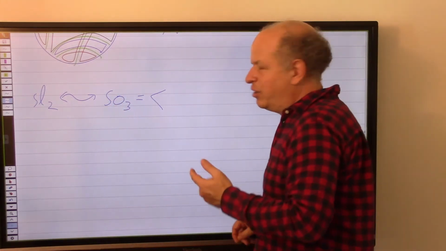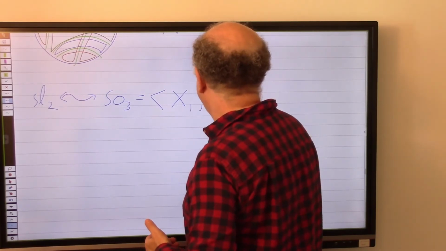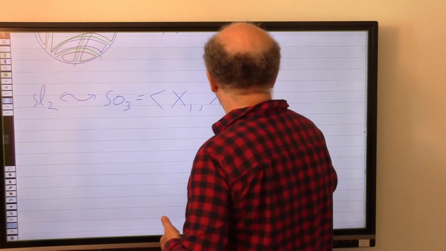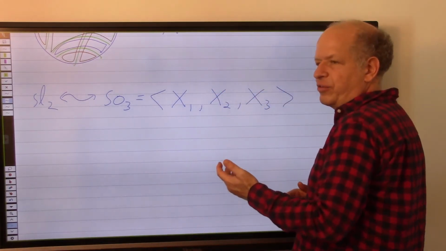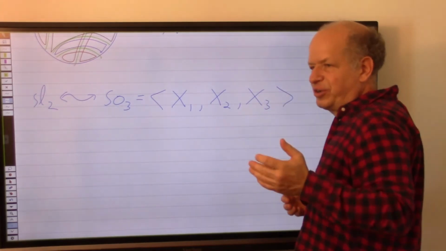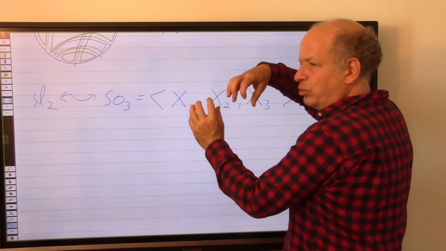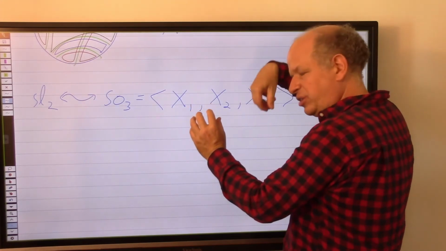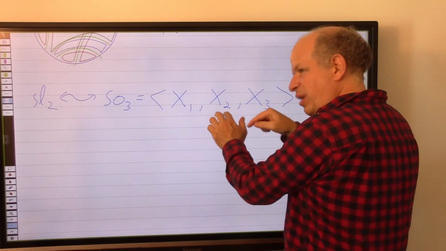And it is generated by three things: x1, x2, and x3, where I'm assuming that the coordinates of R3 are q1, q2, q3. So x1 is rotation about the 2-3 plane. x2 is rotation about the 3-1 plane.